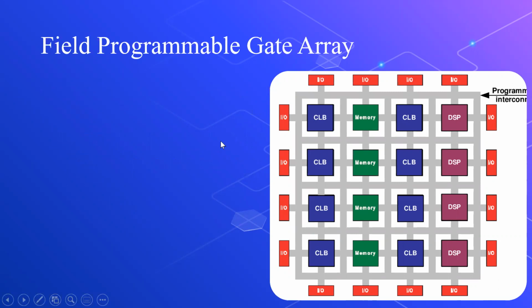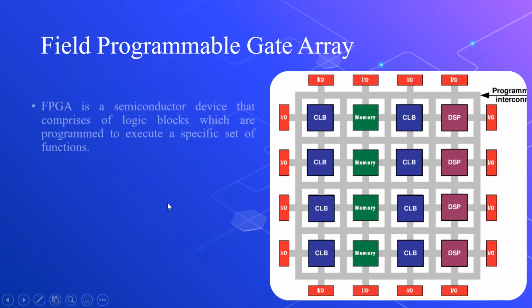So these are the different types of blocks available in the FPGA. Other than this, we have some interconnecting wire mechanisms for programming the configurable logic blocks, memories, and digital signal processors.